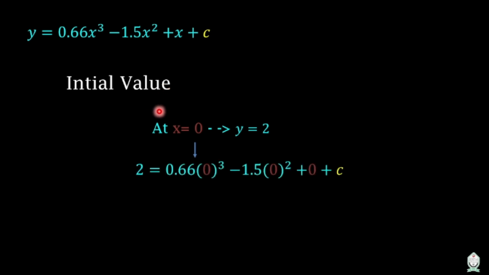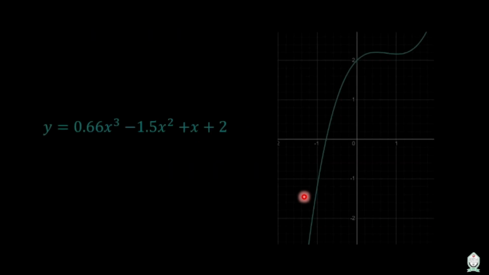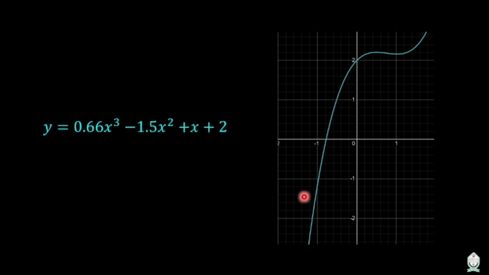For this particular differential equation, the initial value is given at x0, y is 2, and if we plug these values into the equation, we get the value of c to be 2. That means for this condition, the solution is a definitive solution, and it will look like this on the graph.